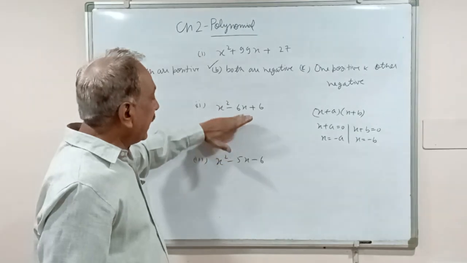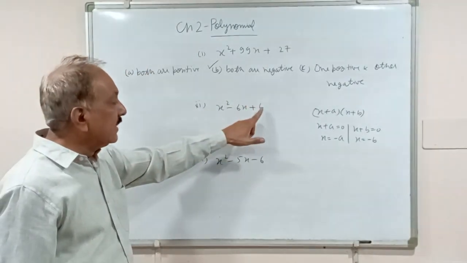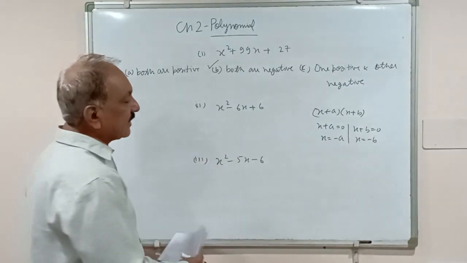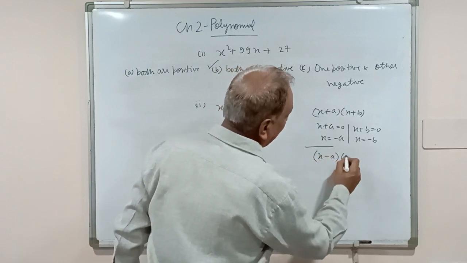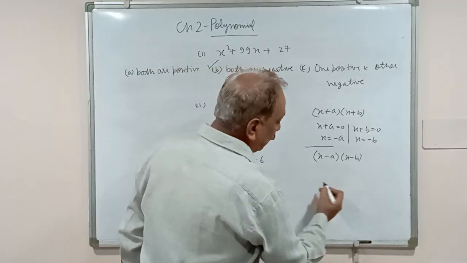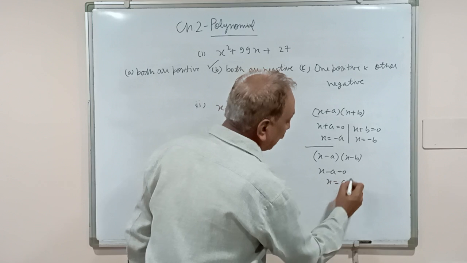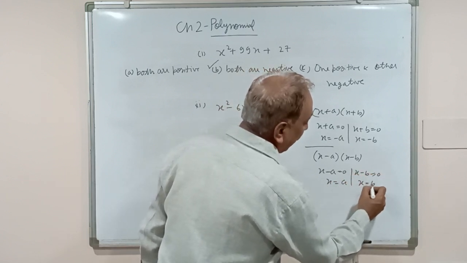Second case, first term is positive, last term is positive, middle term is negative. So its factors are x minus a, x minus b equals 0. x minus a is 0, x equals a. x minus b is 0, x equals b.